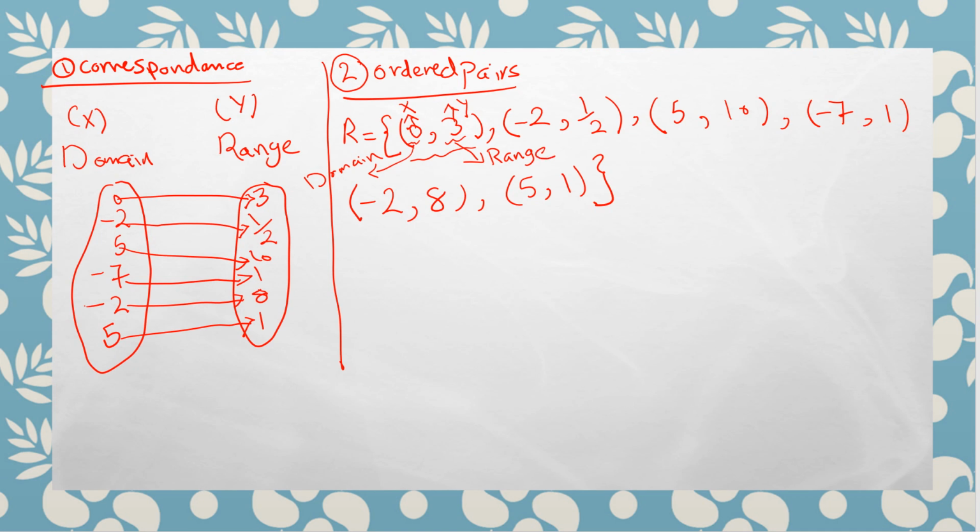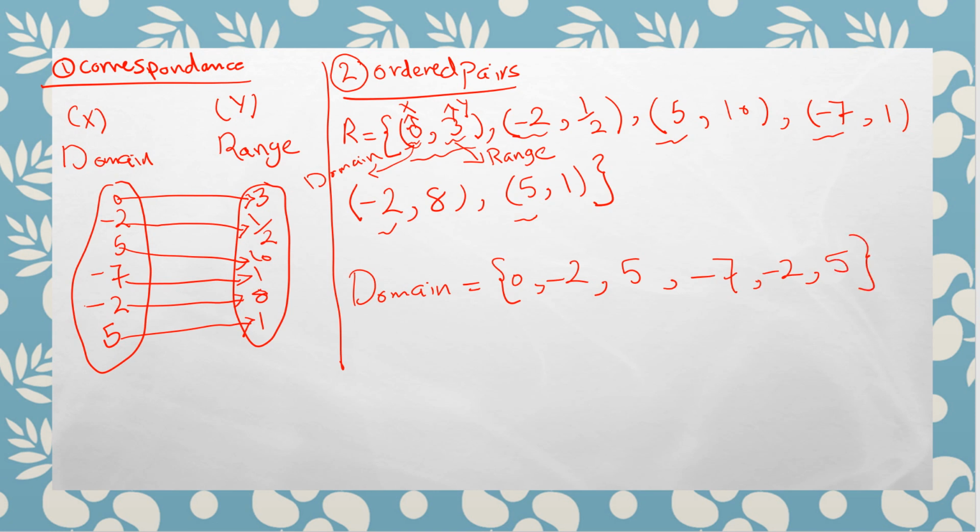So if we need the domain of this relation, we can say that the domain equals 0, -2, 5, -7, -2, and 5, which are all the values of x.